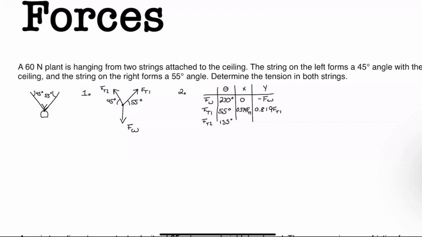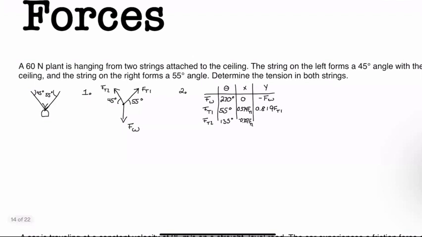And from there, I'm going to do cosine of 135, which is negative 0.707 FT2. And over here we have sine of 135, which is the same thing but positive 0.707 FT2. From there, I'm going to do step 3, which is adding up both of my equations here.